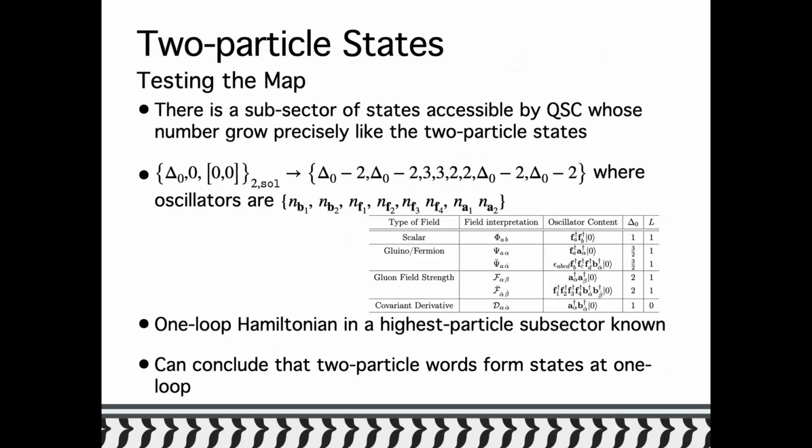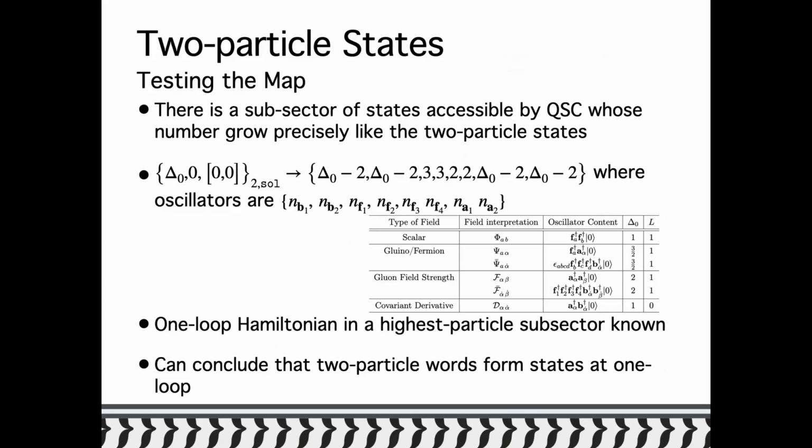It turns out that if we use this method of images mapped back to N equals 4 super Yang-Mills, we find that there is a subset of states accessible by the quantum spectral curve whose number grows precisely like these two-particle words. We also see that all of these states can be mapped to a particular type of single multiplet.